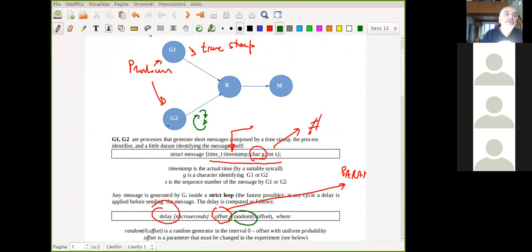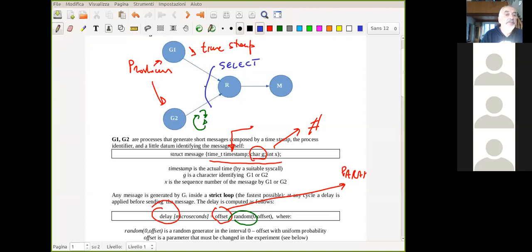Both G1 and G2 generate messages with the same load. There's no need to have different parameters for G1 and G2. We want just, why having two, G1 and G2? To make the system more complex and to use the select. Because the aim of R is to receive data from G1 and G2 as soon as possible.